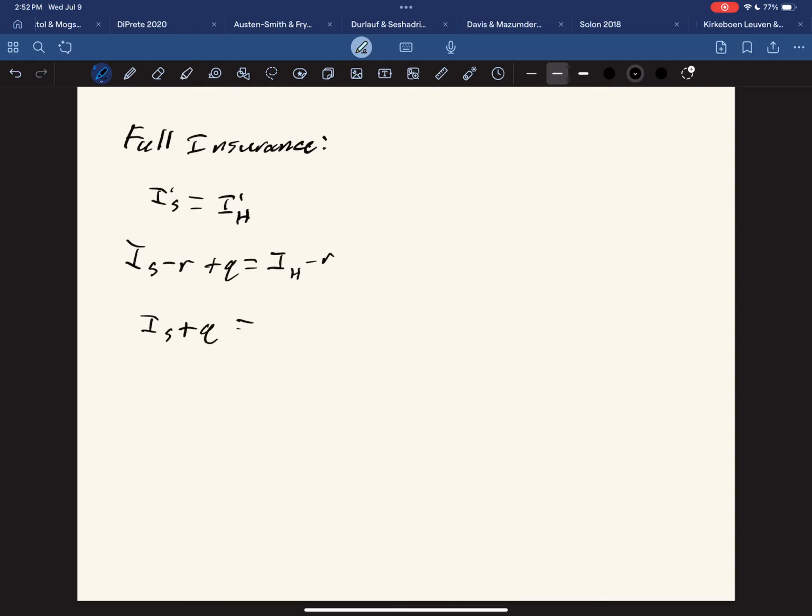IS plus Q is equal to IH, which in turn implies that Q is equal to IH minus IS.